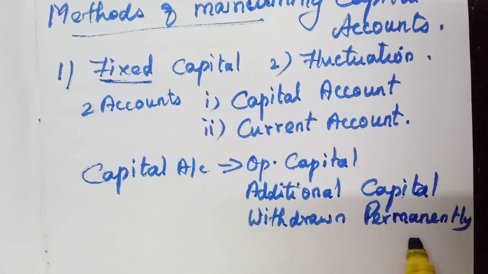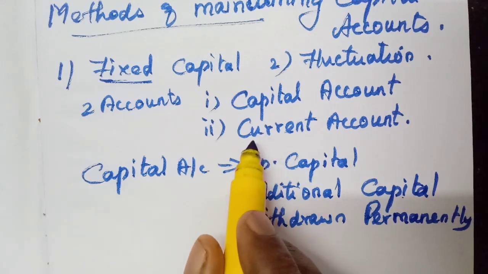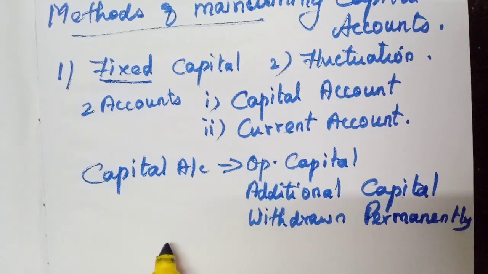Then any capital withdrawn permanently from the partnership firm. These three only we need to enter in the capital account. Then all the other adjustments we have to do in the current account.